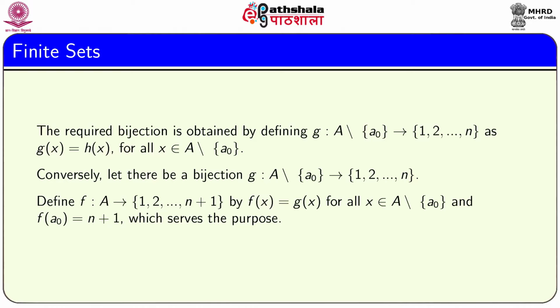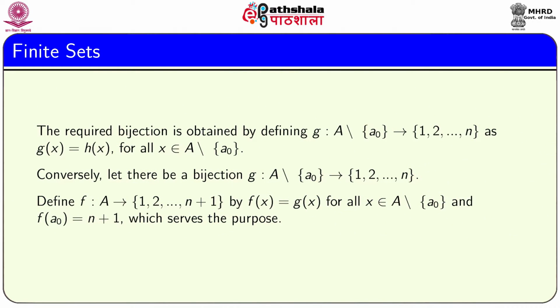Conversely, suppose G from A minus A0 to the set 1 to n is a bijection. We need to define a function F from A to 1 to n plus 1. We define it by mapping all the points x from A minus A0 to the point where G is mapping the point.